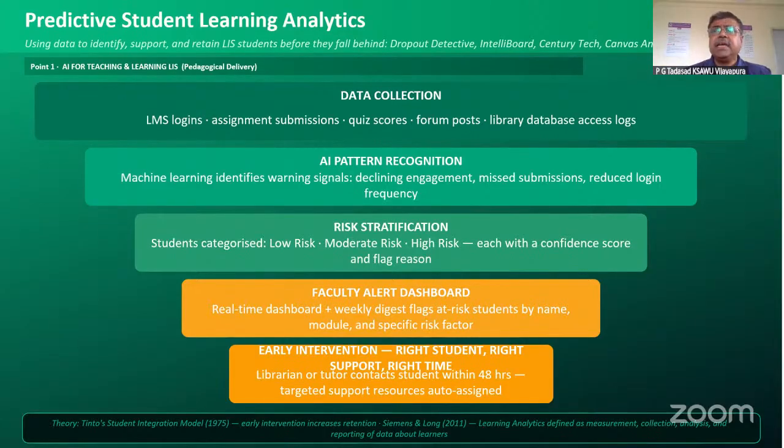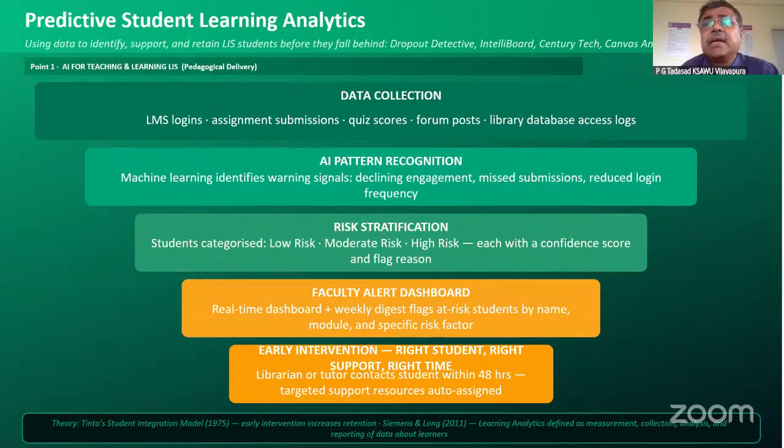Collecting that data, we can come out with pattern recognition: what kind of pattern exists, where they are lacking, where they are gaining, where they are improving. Using machine learning, we identify warning signals: declining engagement, missed submissions, reduced login frequency, such things.